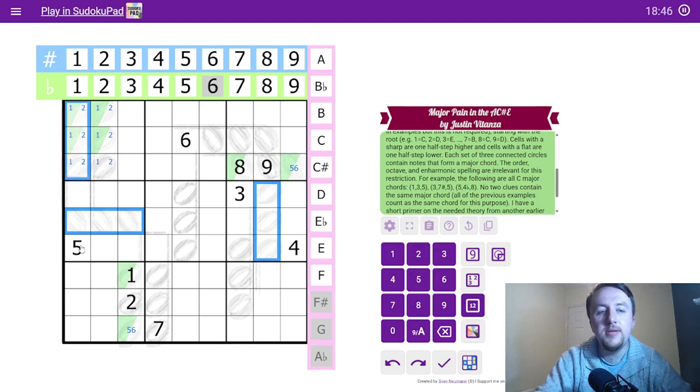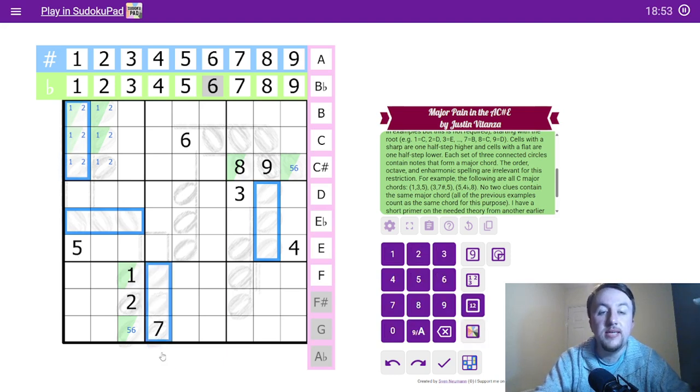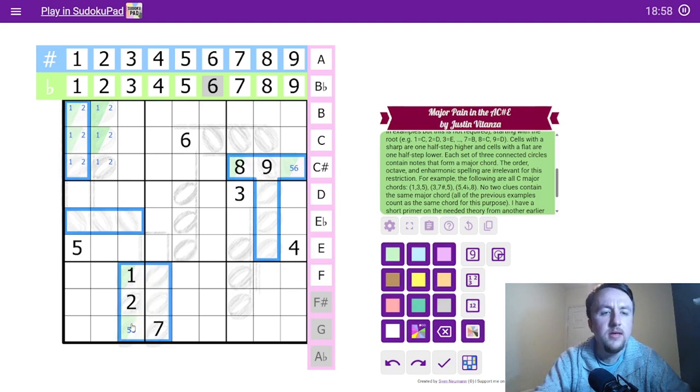It can't be here because there's a 5 looking at it. It can't be here because this already has a 7 on it. It can't be here or here because they already have other things going on. So if the C sharp major triad exists, it must be in one of those other 3 spaces. How is that helpful? And the answer is, I'm not sure it is.